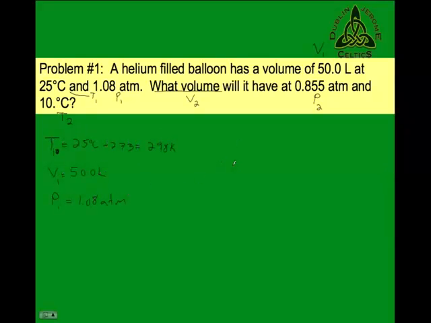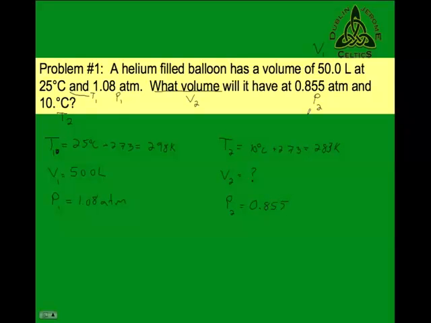What's going to happen if the temperature is 10 degrees Celsius, which is really 283 Kelvin? What's going to happen to the volume? I don't know. And the pressure is 0.855.